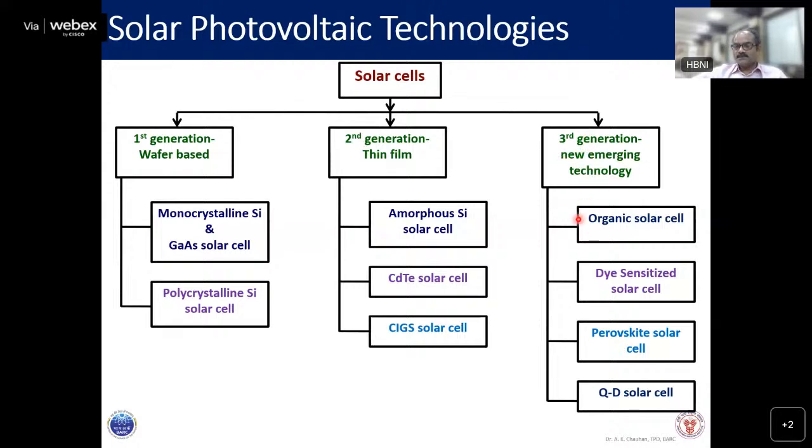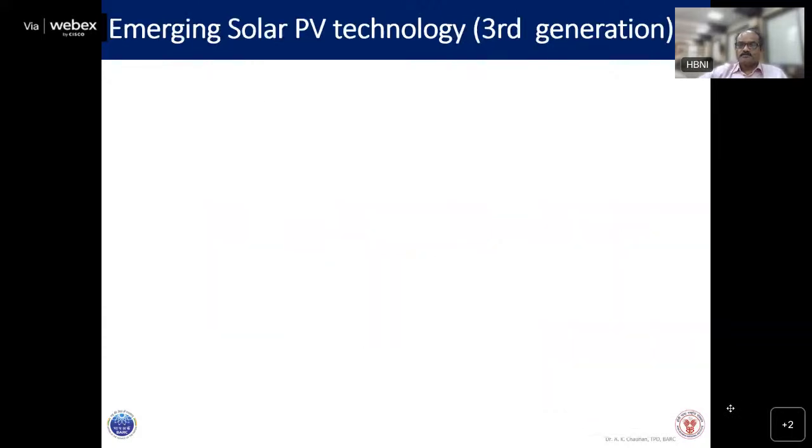In this third generation, we have organic solar cells, also called polymer solar cells. Organic solar cells means where you use organic semiconductors in the solar cell in place of inorganic semiconductors. So these are organic solar cells, also polymer solar cells, dye sensitized solar cells, perovskite solar cells, and quantum dot solar cells.